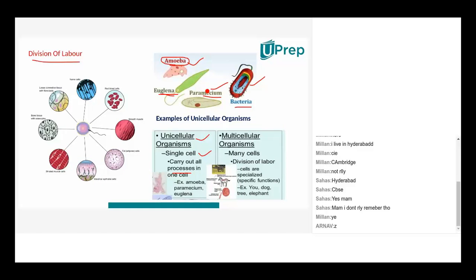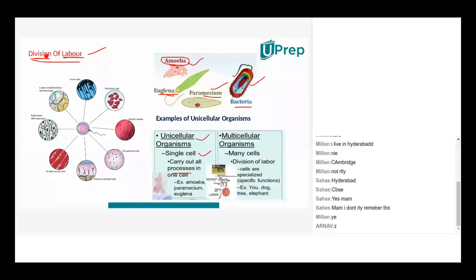Now here you just understand what it means by unicellular organism and the division of labor. See, labor means what? Work, isn't it? The workforce we call labor in general terms. But when you take the biology word division of labor, the workforce will be divided between different cells.